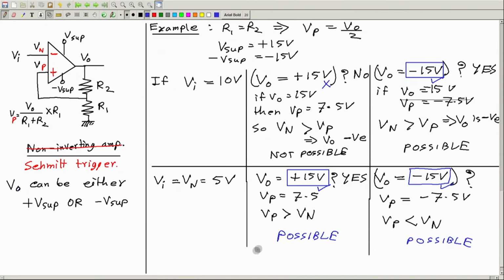Okay. So whether Vo equal to plus 15 or minus 15 will depend on the previous history.